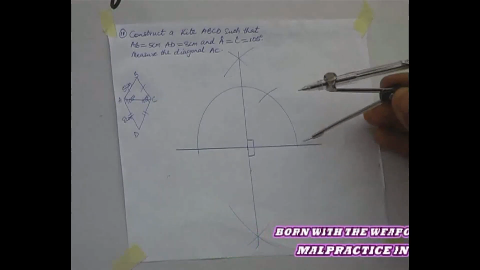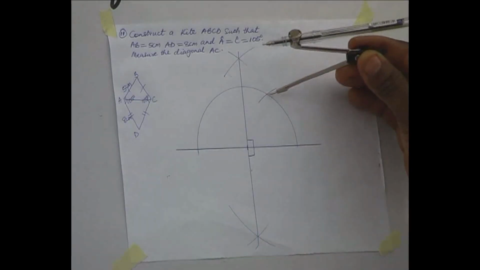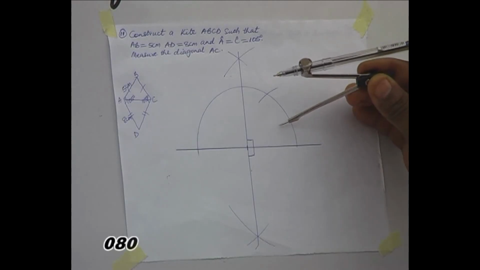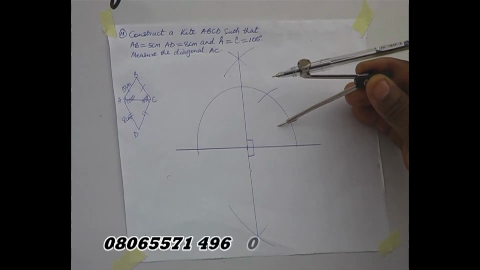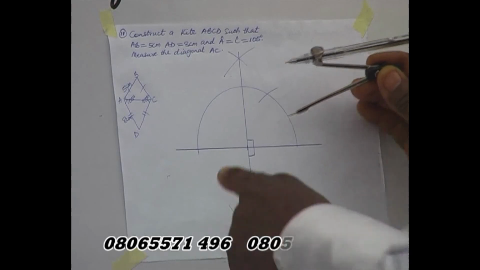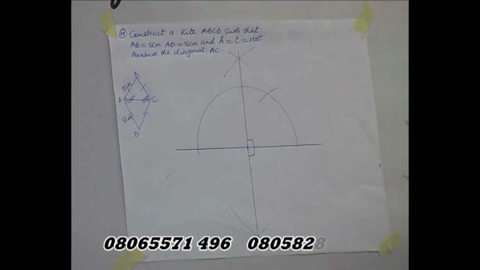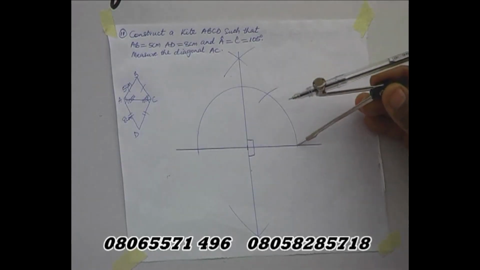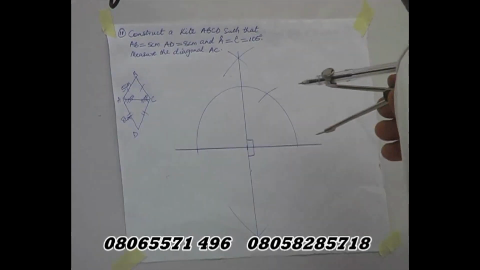You remember, if you join this point and this point now, this angle will be 60. And if this angle is 60, what we needed to add to 90 to get 105 is 15. So we are going to bisect this angle to get 30 and bisect 30 again to get 15.